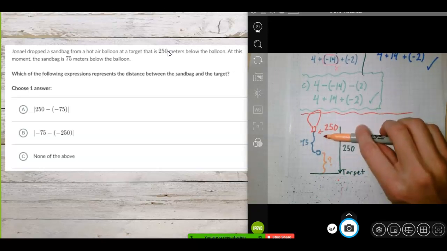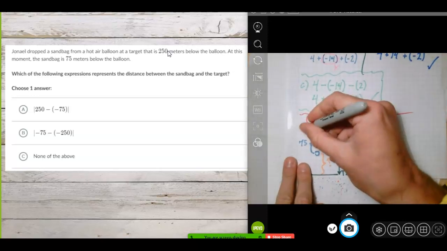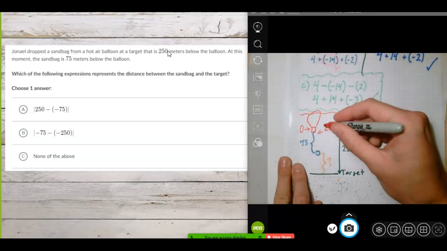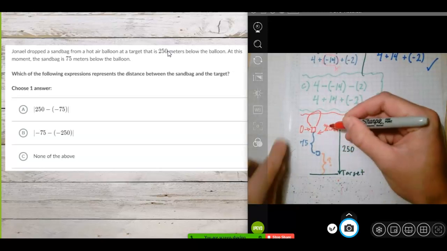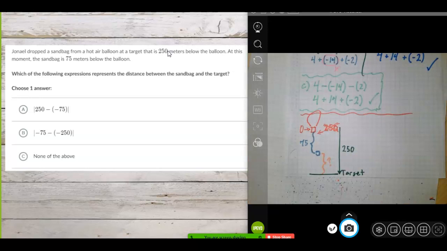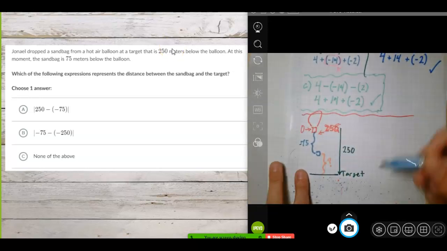Oh, here's why those expressions don't make sense. See how there's a negative 75 being used, and in B there's a negative 250 being used? They actually make this 0. Instead of it being 250, they make this 0. So the sandbag is actually at negative 75.